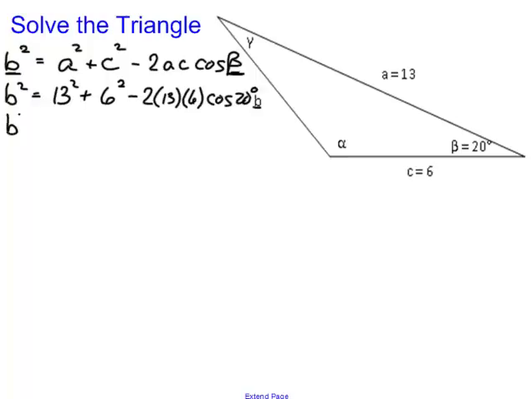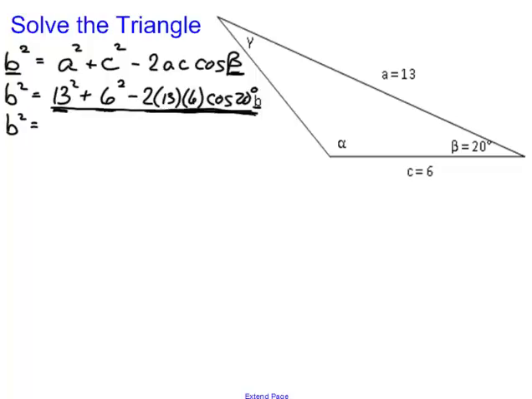When we use our calculator to evaluate, we have to follow the order of operations. So first we have to square the 13 and the 6. Then we have to multiply this stuff together. And then we can finally add and subtract what we have from there. So don't forget the order of operations as we evaluate here.